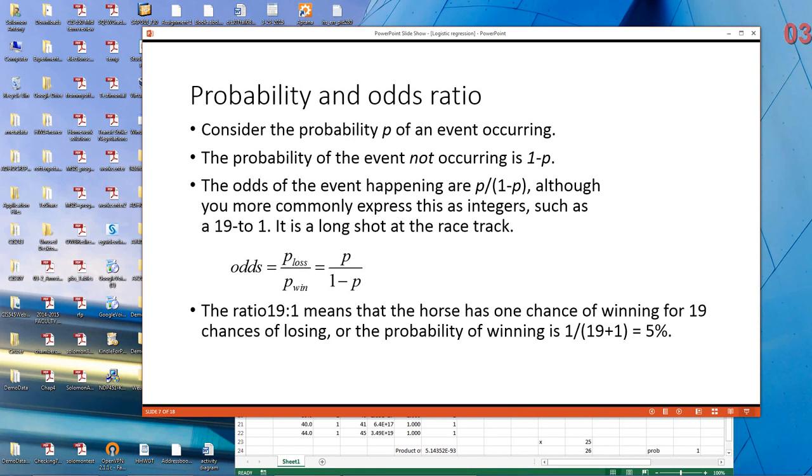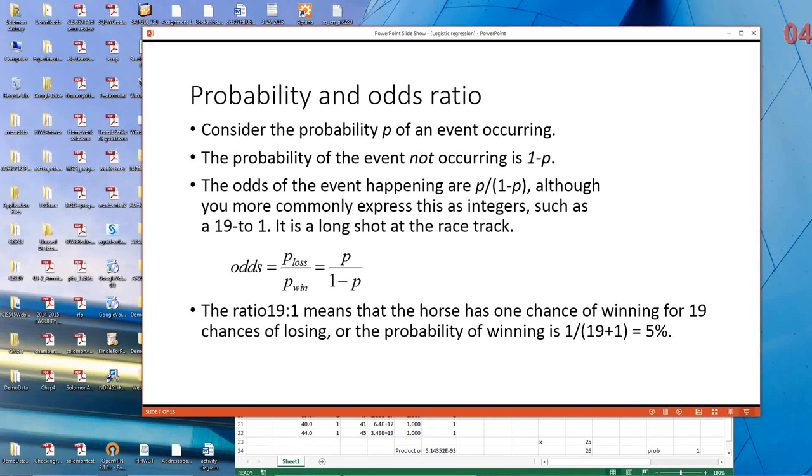The probability of the event not occurring would be just the complement of that, 1 minus p. So usually lowercase p is used to depict probability, and 1 minus p would be the probability of that event not occurring. Odds ratio is essentially the ratio of the probability that an event occurs over the probability of the event not occurring. So it's p over 1 minus p.